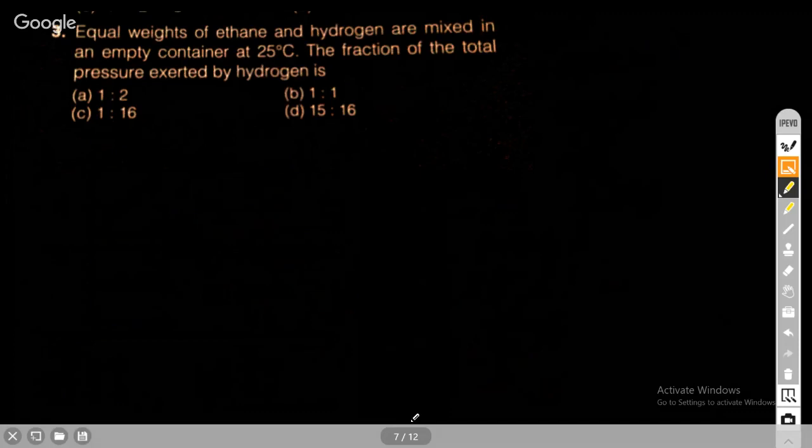What we have to find out in this: what is the meaning of mole fraction, the fraction of total pressure?